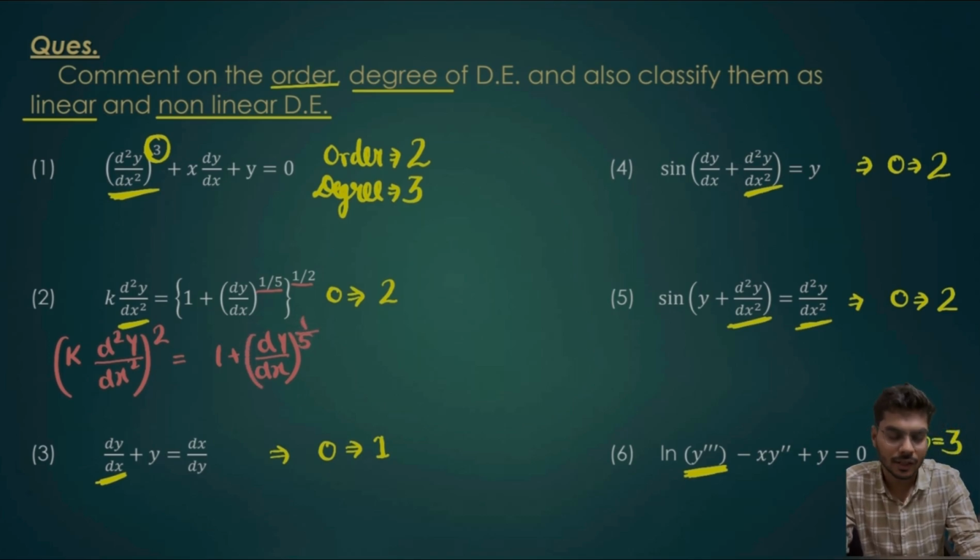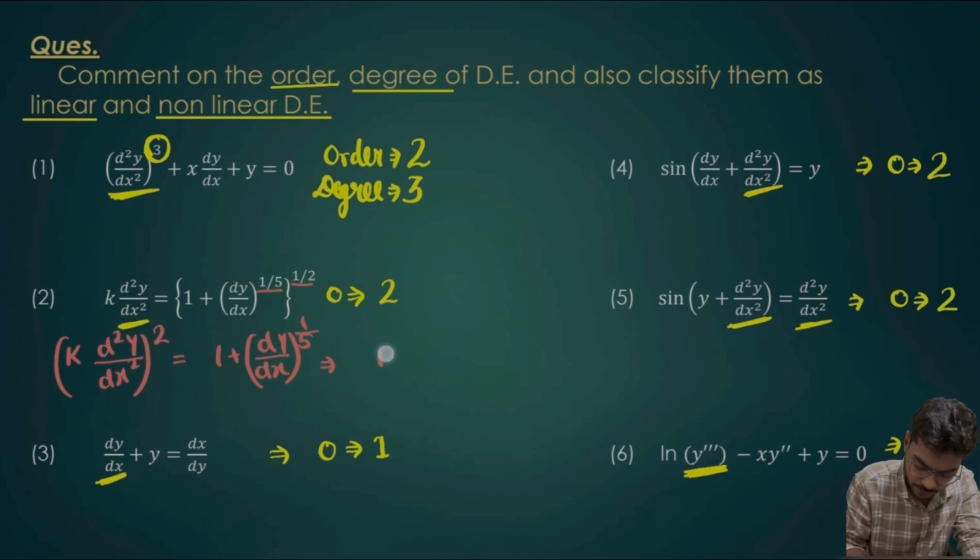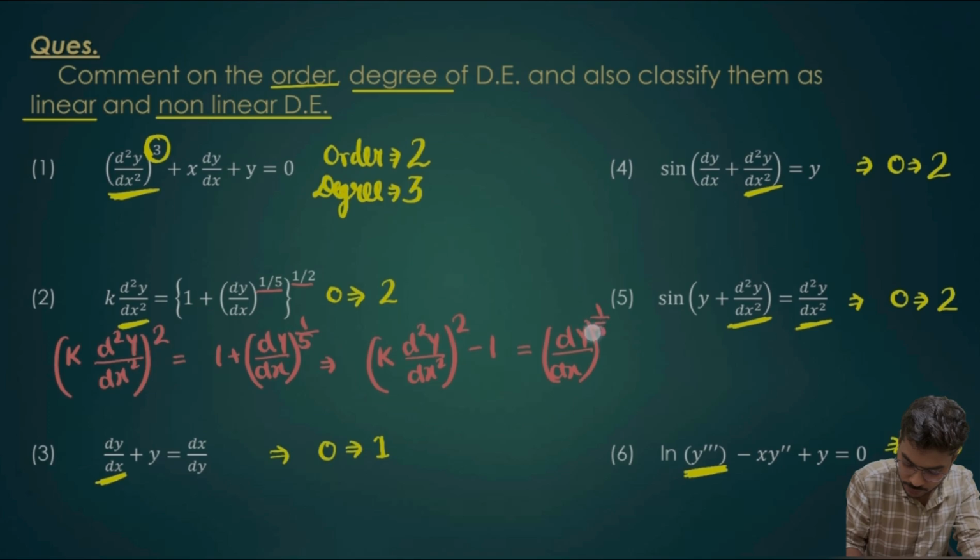Still, we have the radical power 1 by 5, right? Again, I have to remove 1 by 5. How to remove? Can I write this thing as whole square minus 1 equal to dy by dx power 1 by 5? How to remove this 1 by 5? Again, I will do the whole power 5.